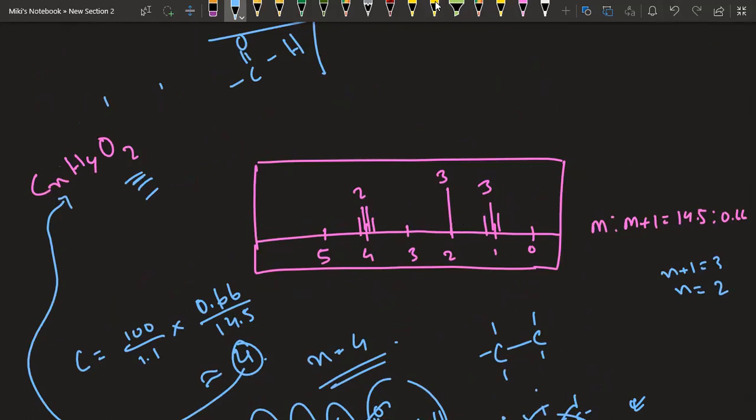In that case, we will be able to produce n plus 1, which is 0 plus 1 equals 1 peak. And the carbon we're talking about should be a 3-hydrogen carbon, that means this is the CH3 we're talking about, and the adjacent carbon should not have any hydrogen.